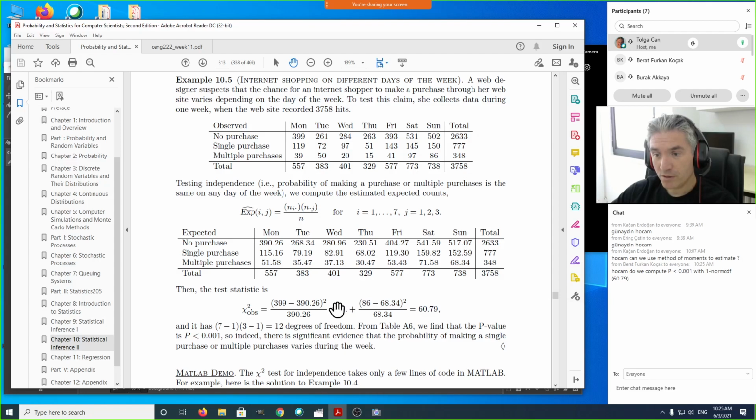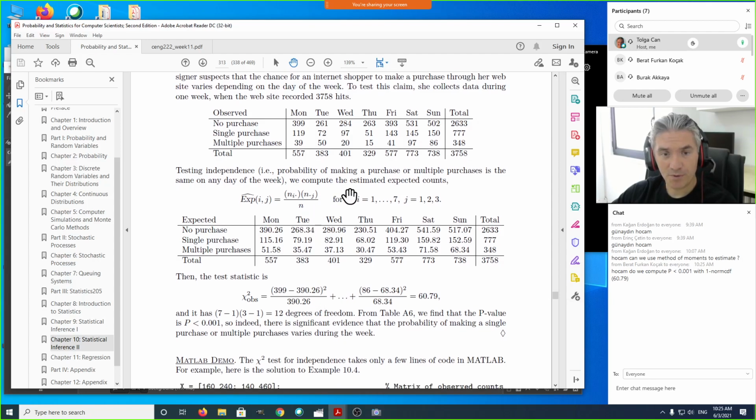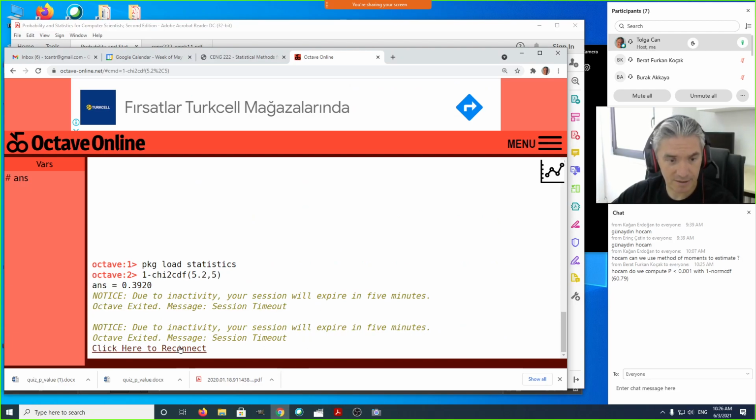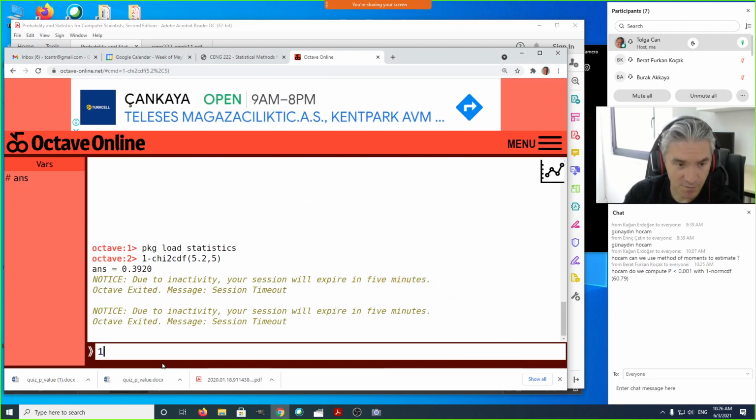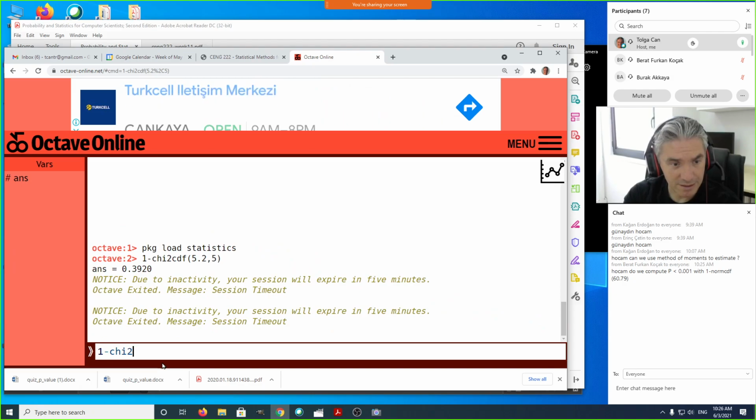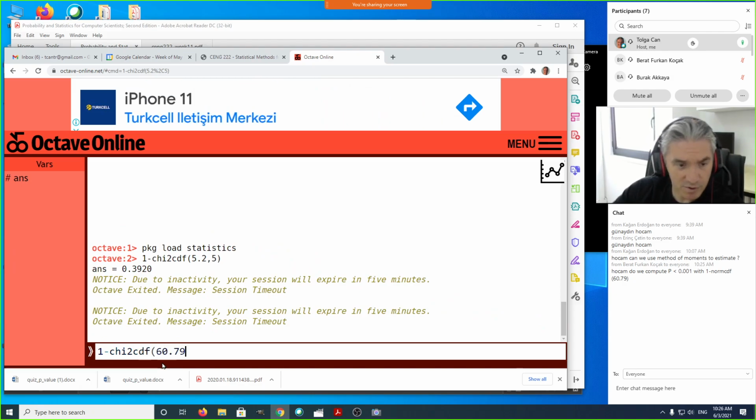We compute this not with norm CDF, we compute it with chi-square. We look at the chi-square statistic, for example 60.79. We conduct exactly this: 1 minus chi-square CDF of 60.79 with degrees of freedom 12.